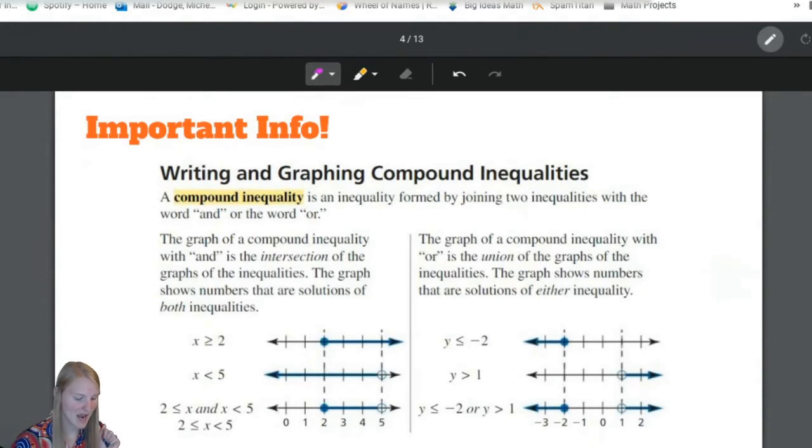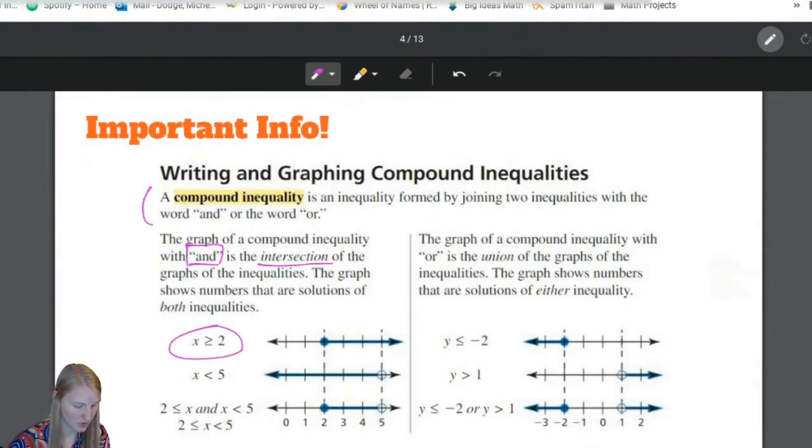Again, this is the definition. A compound inequality is an inequality formed by joining two inequalities with and or or. So when we say and, we are talking about the intersection of the graphs of the inequalities. Here's a good demonstration of that.